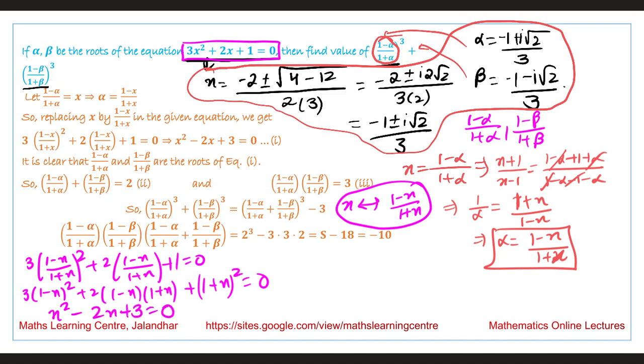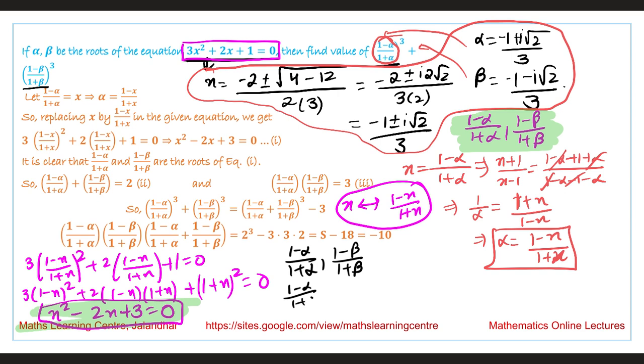This is the equation whose roots are 1 minus alpha over 1 plus alpha and 1 minus beta over 1 plus beta. Now if we calculate the sum of the roots, we are talking about 1 minus alpha over 1 plus alpha plus 1 minus beta over 1 plus beta.